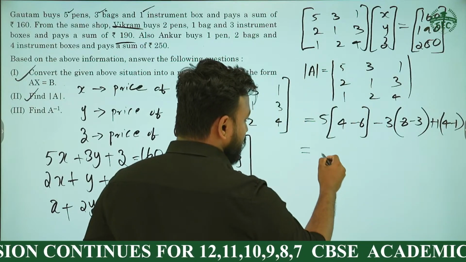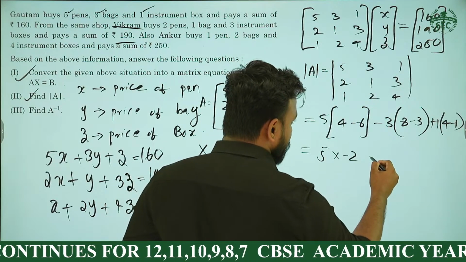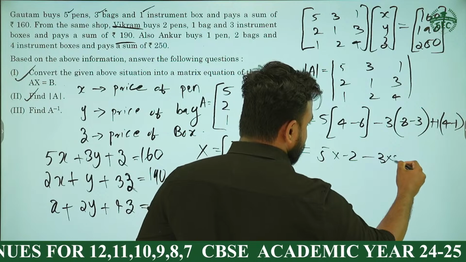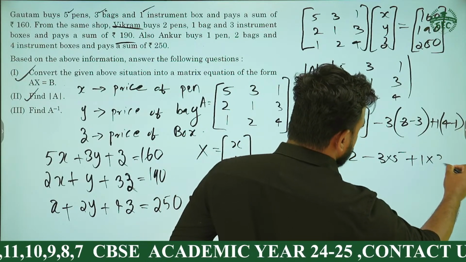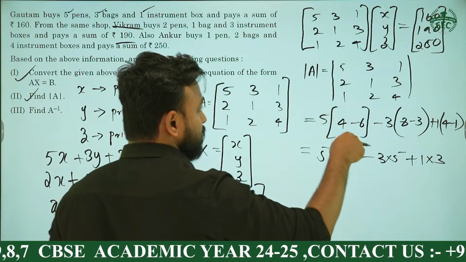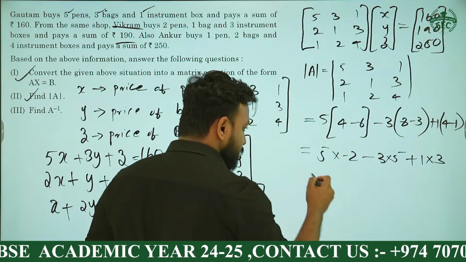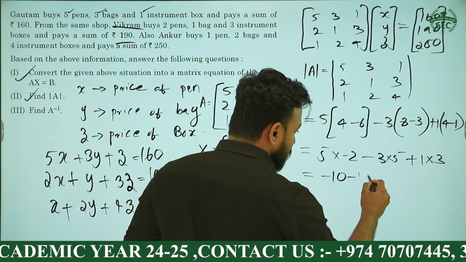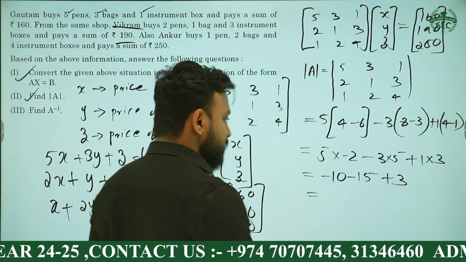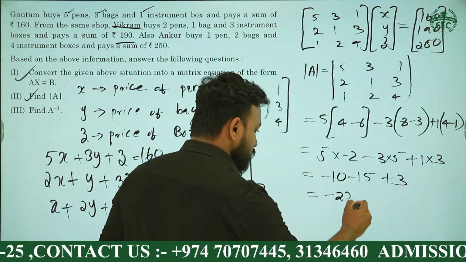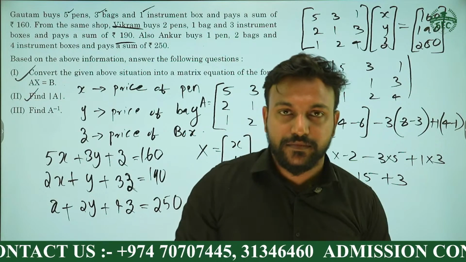Then what you will get? 5 times minus 2, minus 3 times 5, plus 1 times 3. Right? Then it's minus 10 minus 15 plus 3, minus 25 plus 3, minus 22 is the final answer. Did you get it?